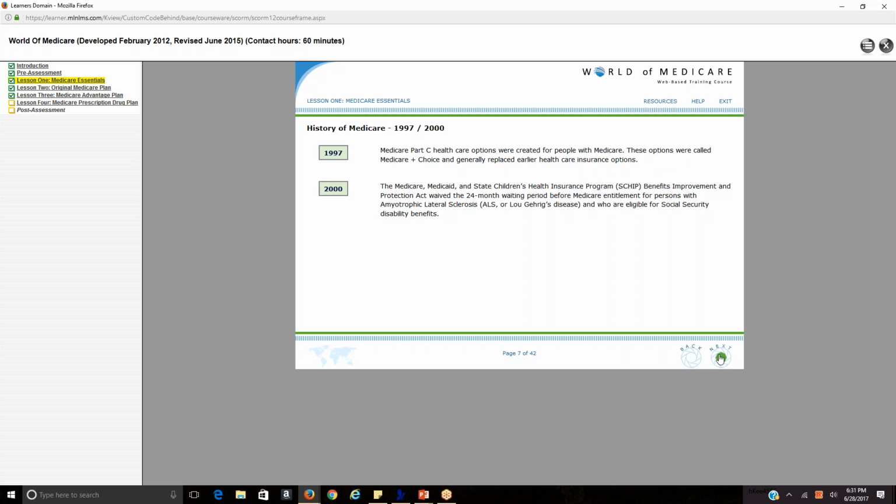And that is the only diagnosis at this time that waives the 24-month waiting period for folks on disability. Now, if you have end-stage renal disease, no matter how old you are, you do not have to be on disability. You're eligible for Medicare benefits for ESRD.